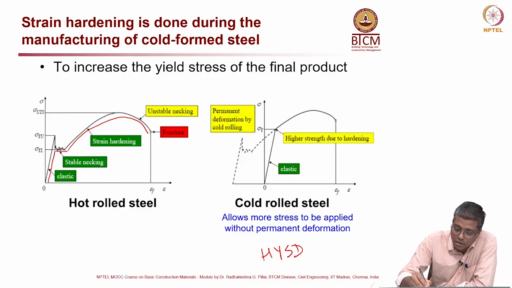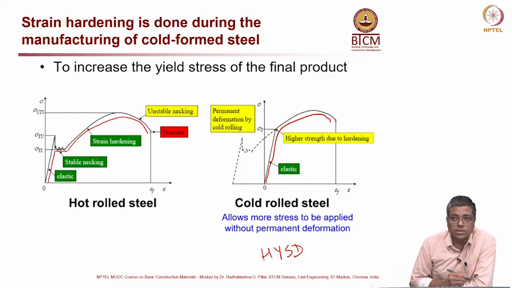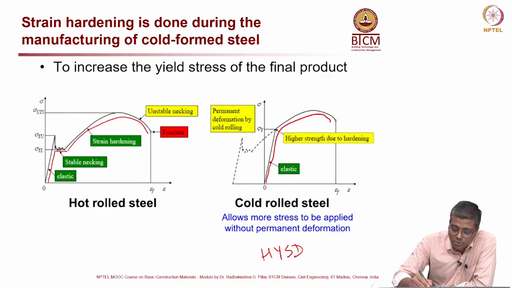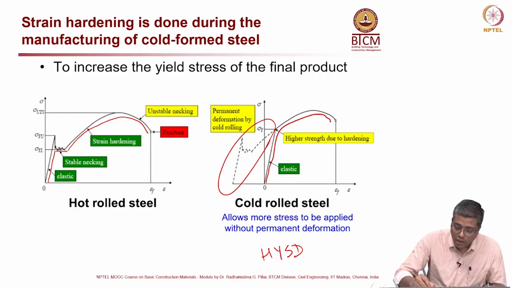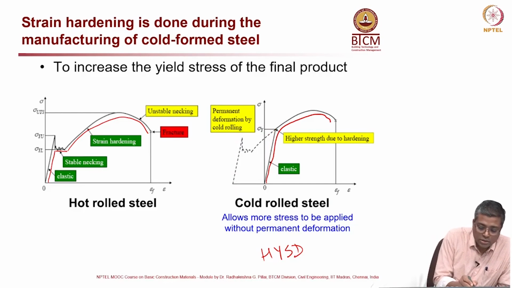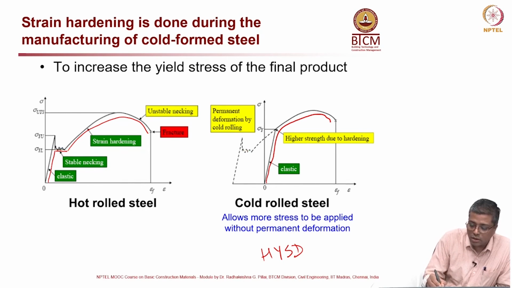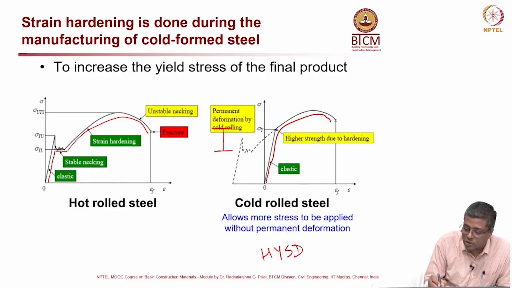So, basically if the steel is cold rolled steel or cold form steel, when you do the tension test, it will behave like this, this will be the stress strain curve which you get. This dashed portion will be missing. Now, compare the yield limit, here it is here.